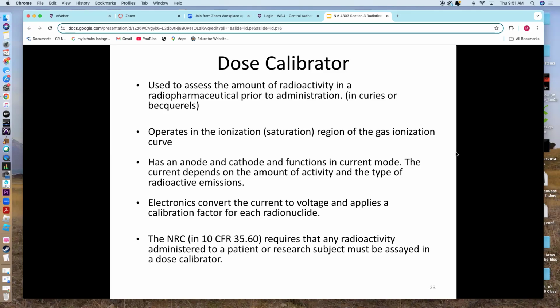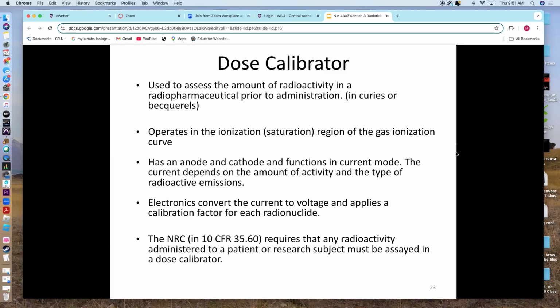If you just stick it in there and you get a reading out, you're going to need to know what that means. So what happens in a dose calibrator is there's electronics within the system that take whatever voltage or current it's seeing, and it applies a factor for each radionuclide.